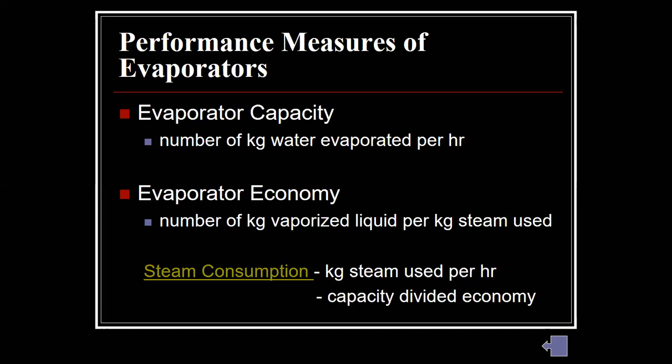This is the kilograms of water vaporized per kilogram of steam used. The capacity of the evaporator to evaporate water is measured in terms of mass of water evaporated per unit time. Now, the amount of steam that is consumed by a particular evaporator for a given duty that it performs is actually taken from these two.